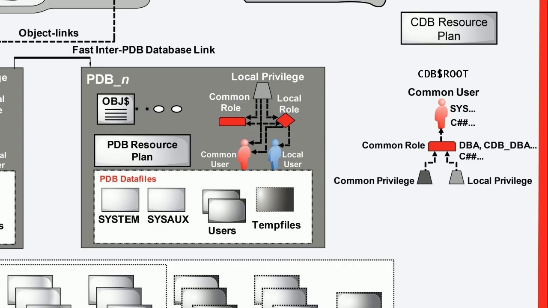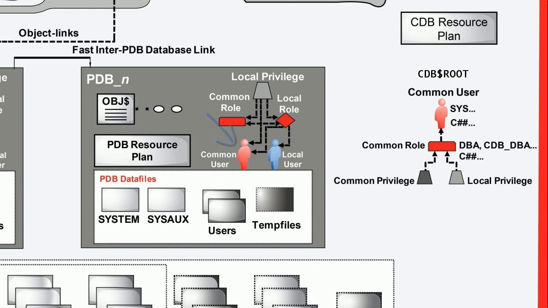Starting with Oracle 12c pluggable databases, we have to understand a new concept of common users and local users. Same with common roles and local roles. Common users are created at the CDB root container, and they also exist in each pluggable database.